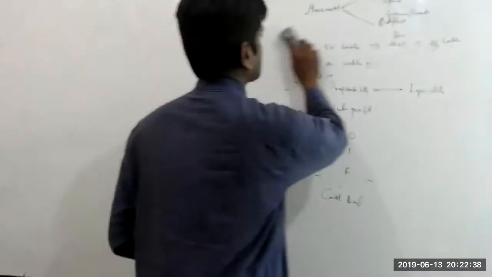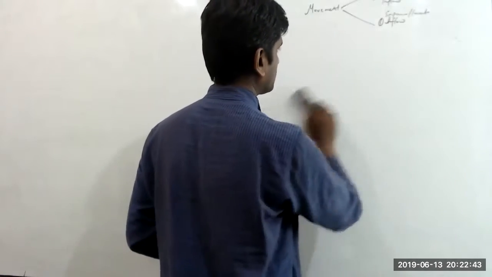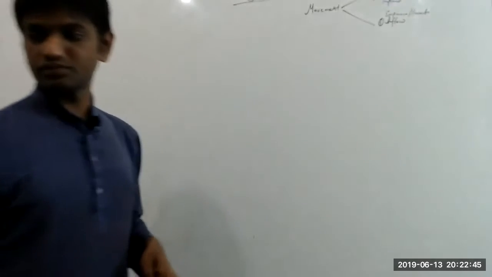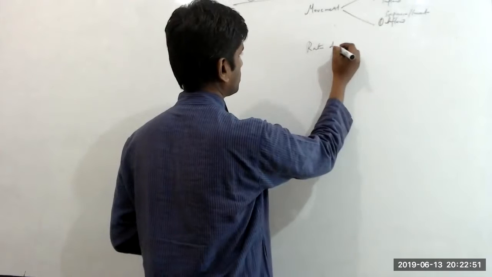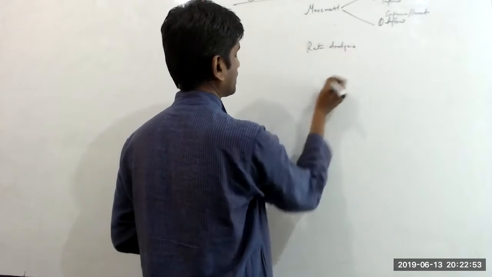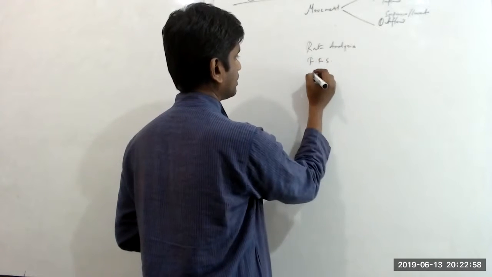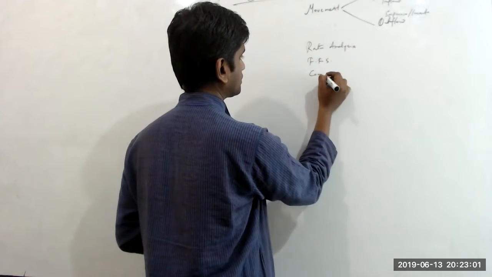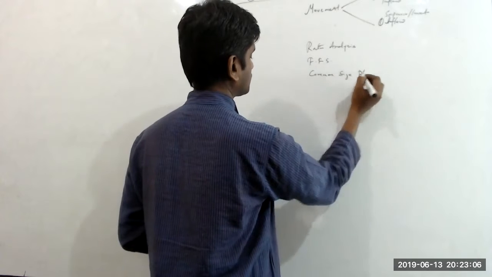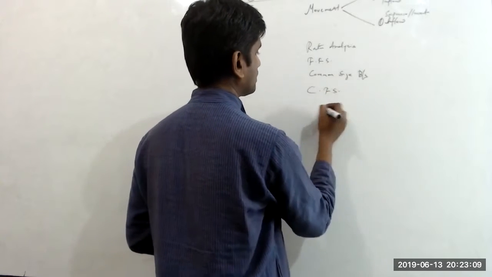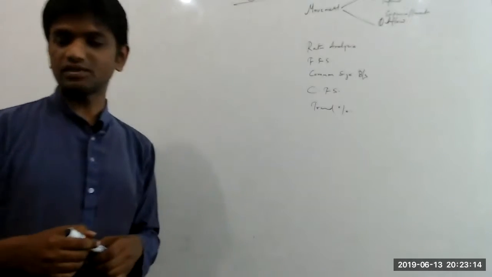This cash flow statement is one of the financial analysis tools. There are many other financial analysis tools you would have already come across, such as ratio analysis, which is also very important, the fund flow statement, the common size balance sheet, comparative financial statements, and trend percentages.